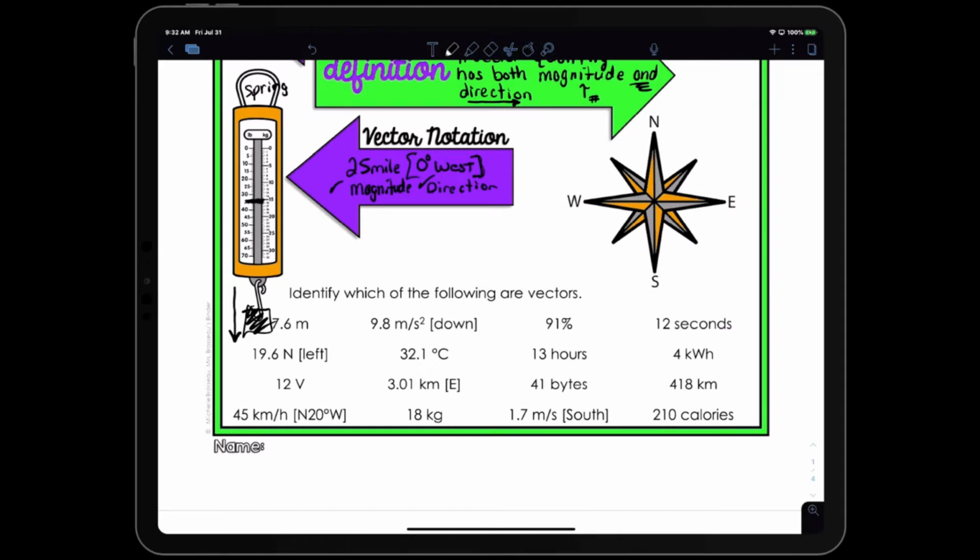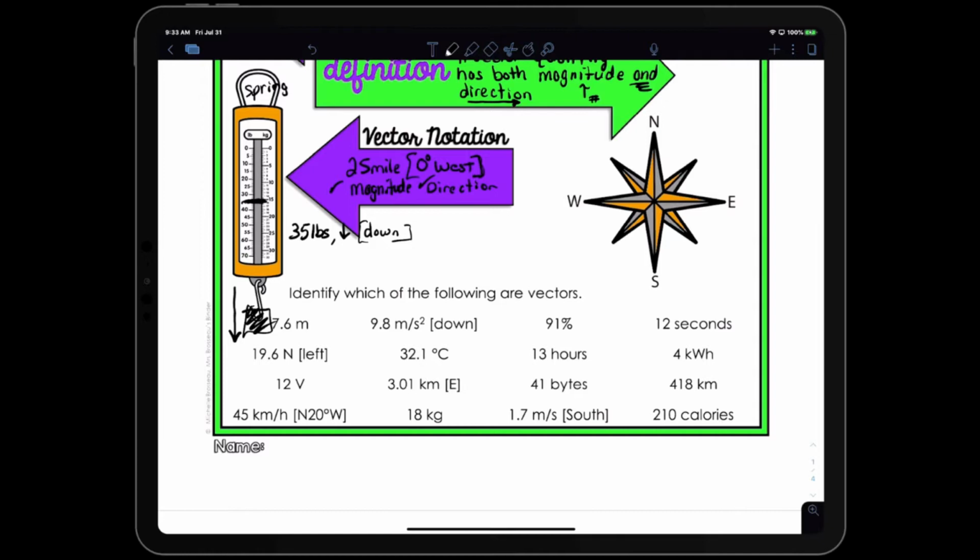So if the spring balance lowers to this point right here, we would say that this thing would weigh 35 pounds, okay? Now, since it is directed downwards, we would have a little arrow down, or we would say down, because there is a direction. So that's a vector quantity.